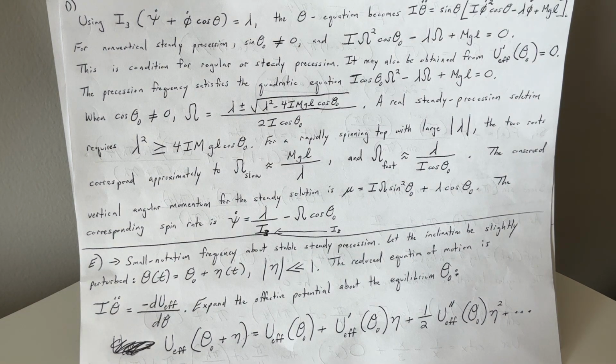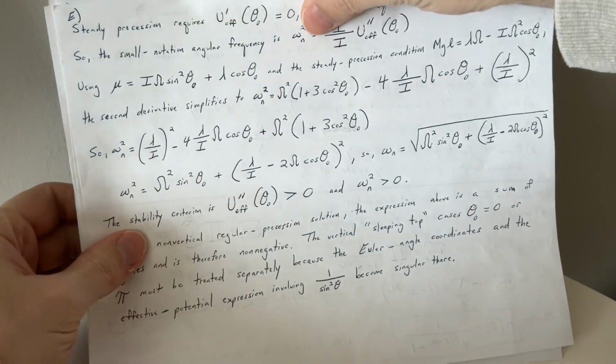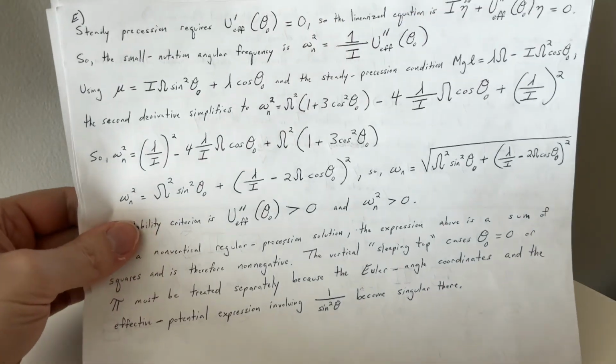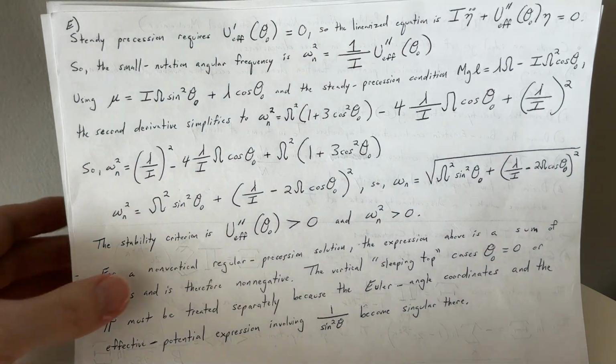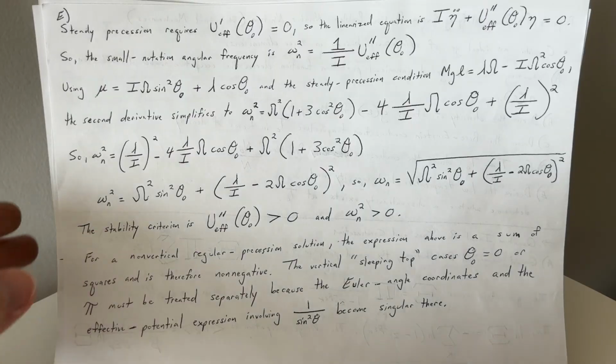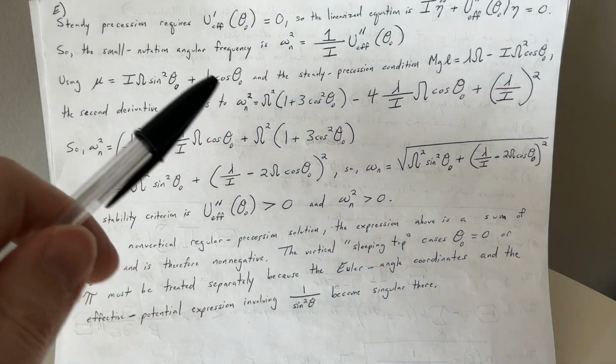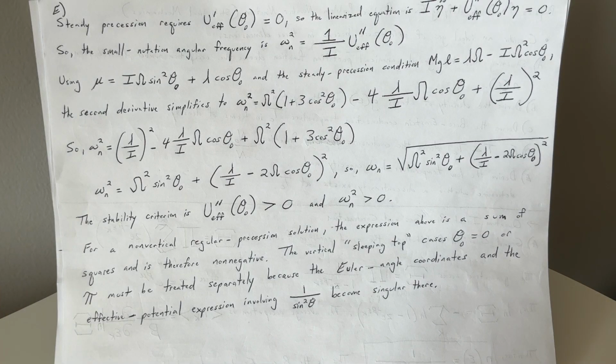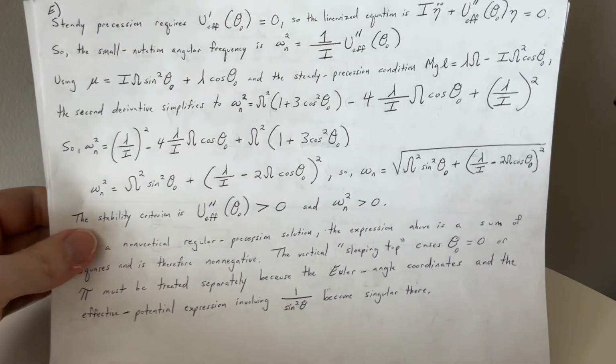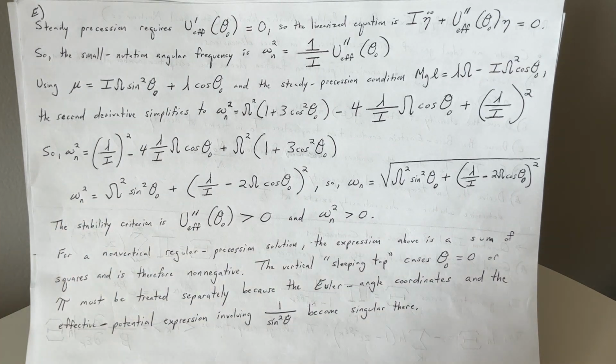And building on that, steady precession is going to require U sub eff prime of theta naught equals 0. So the linearized equation is I eta double dot plus U sub eff double prime of theta naught eta equals 0.